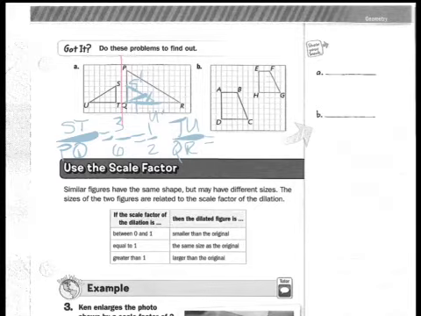Well, TU is 5 blocks, and QR is 10 blocks, and that also reduces to 1/2. So since both of these ratios are 1/2, that means they're equal ratios, which means that these triangles are similar.